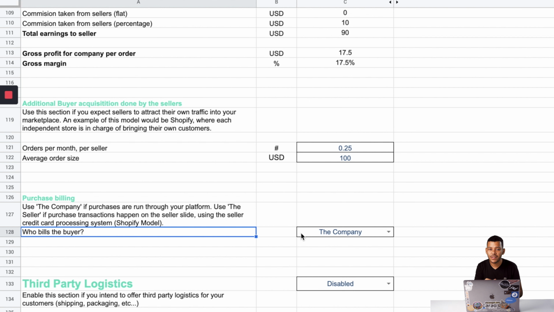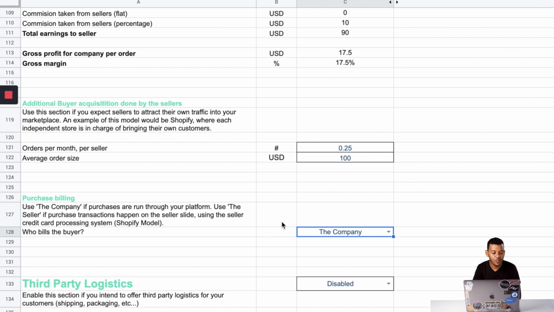So the seller connects their billing system and they charge the customer. And then you take a percentage commission from that money. On the other hand, Airbnb charges the full price and then they transfer the money to the homeowners. So that's the difference here.